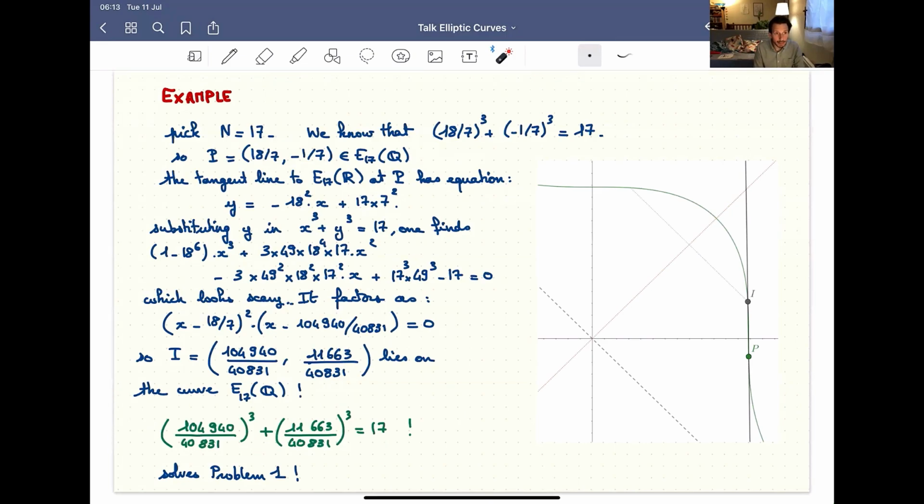And the nice thing about this point I that we have just created is that the first coordinate x and the second coordinate y are both positive, which means that this solution is a solution to problem 1. I have found for you two rational numbers which are both positive and whose cubes sum to 17.